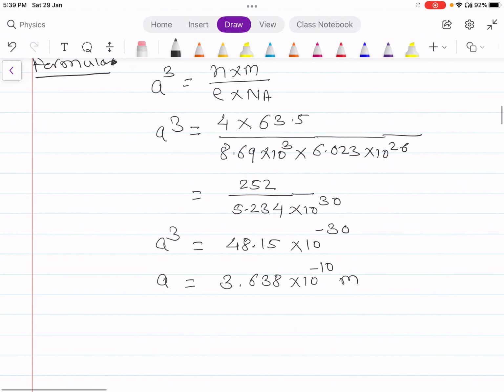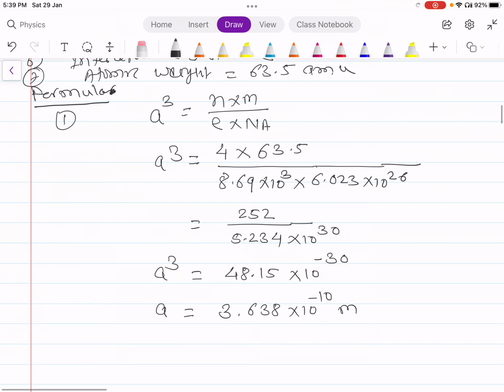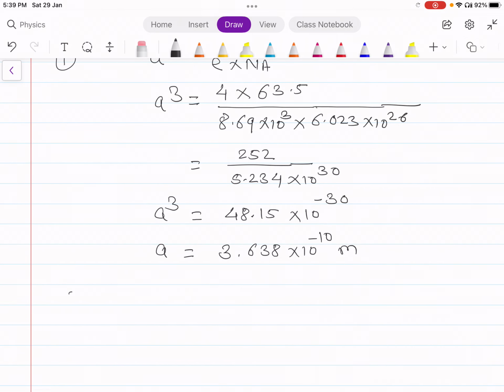Now we have to find the interatomic distance. This is the first, we got the lattice constant. Second, we have to find the interatomic distance.